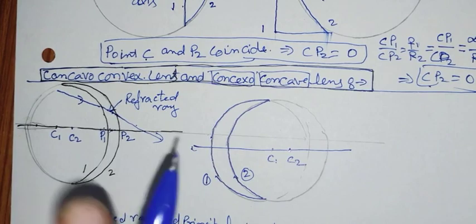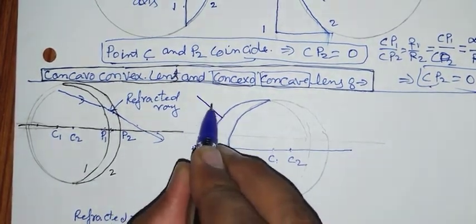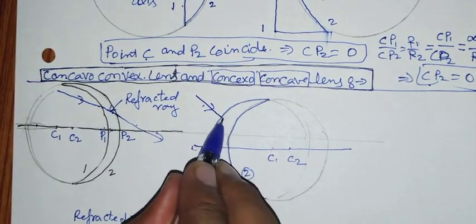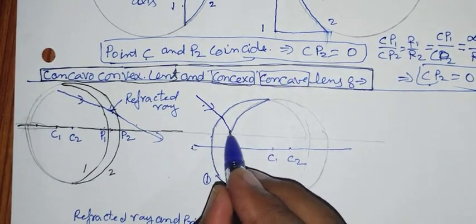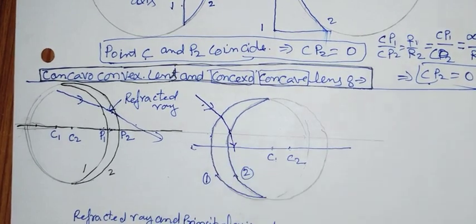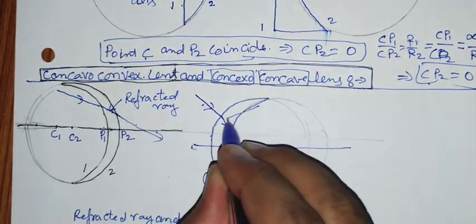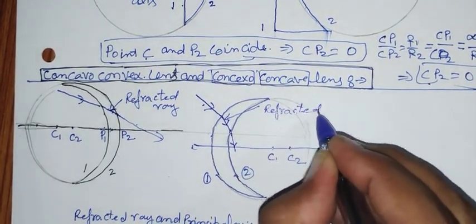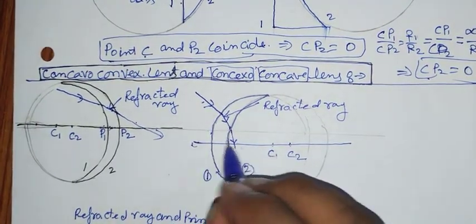First of all, see the phenomenon of refraction through it: incident ray, refracted ray, and finally emergent ray. See in both diagrams, the principal axis is here.